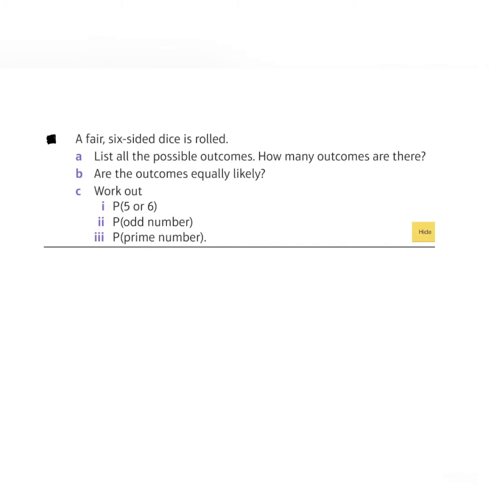Okay, so let's start with a fairly simple example. It says a fair six-sided dice is rolled, list all the possible outcomes and how many outcomes are there. A dice has 6 sides, and it has the numbers 1, 2, 3, 4, 5 and 6 on each side.